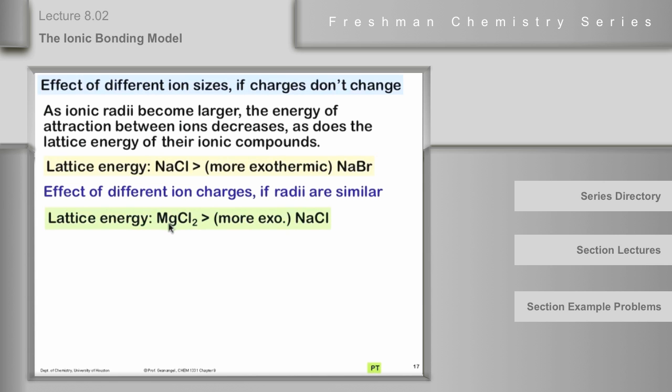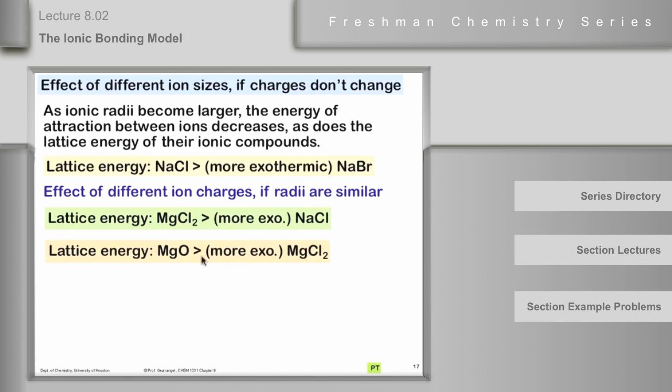So if we realize that the charges are multiplied together, a small difference in the radii is going to go out in the wash. Okay? So magnesium chloride with 2 positive charges and 2 1 minuses is going to have a more exothermic lattice energy than sodium chloride, where we have 1 plus and 1 minus.